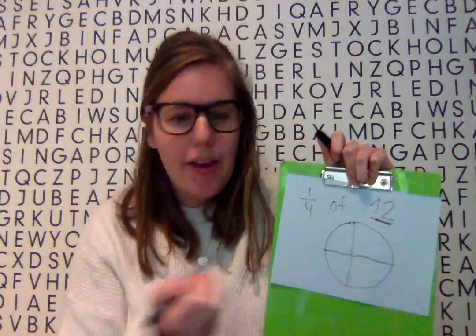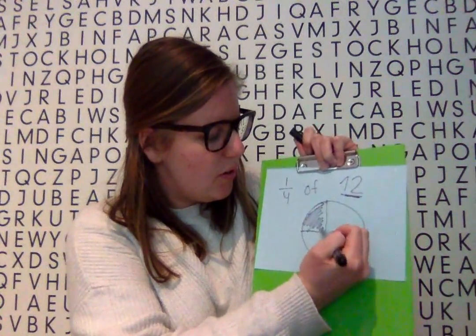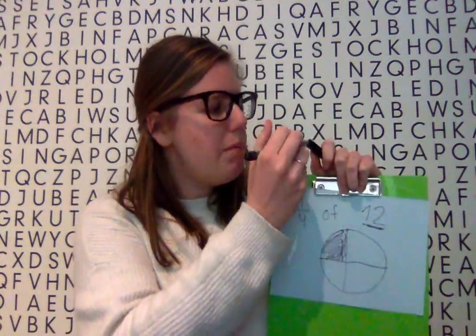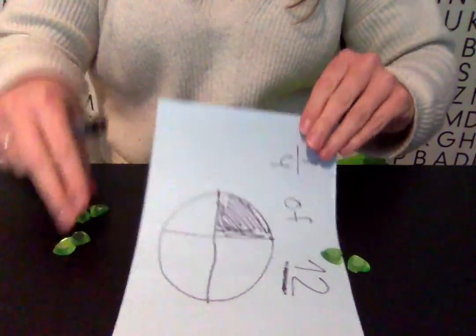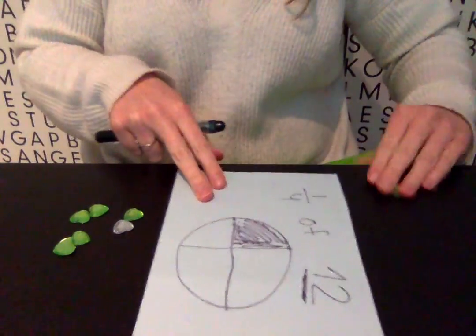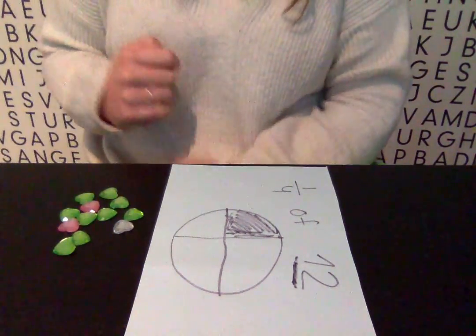But before we do that, we need to color one of our 4 circles. When we put our 12 toppings on, we need to make sure we put them on our pizza evenly. So I have 2, 4, 6, 8, 10, 12 toppings right here.